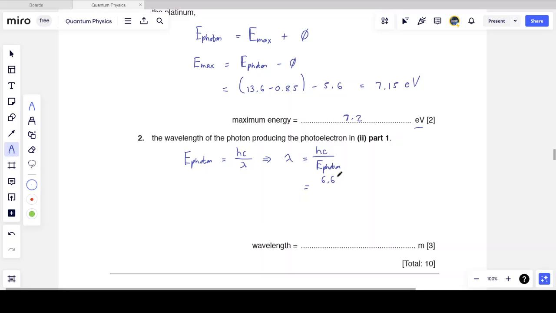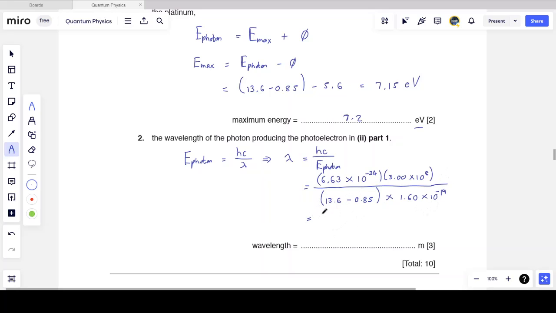Putting our values in, this is 6.63 times 10 to the minus 34, Planck's constant, times c, which is 3 times 10 to the power 8, divided by the energy of the photon, which is 13.6 minus 0.85. And we have to multiply this by 1.6 times 10 to the minus 19 to get our energy in joules and hence our wavelength in meters.